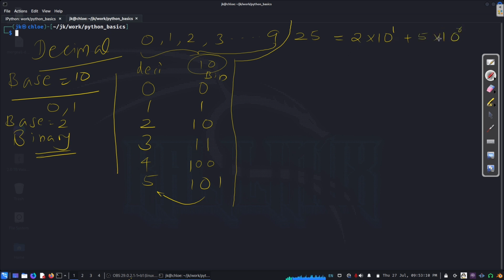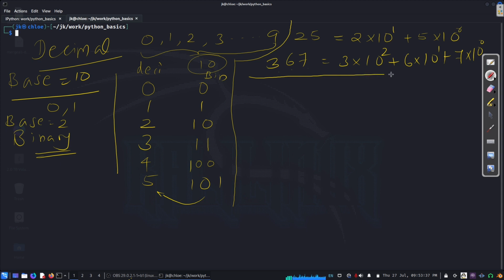So that is 20 plus 5, 25. If I have 367, I say 3 into 10 to the power of 2, then 6 into 10 raised to the power of 1, plus 7 into 10 to the power of 0. That is 7 plus 60 plus 300. So that is the idea.